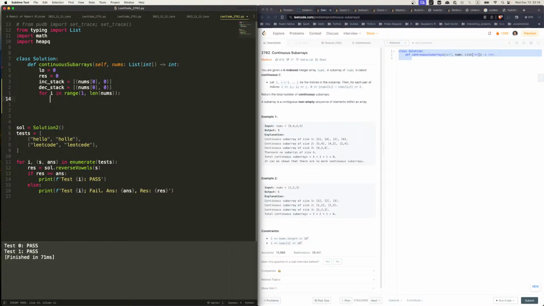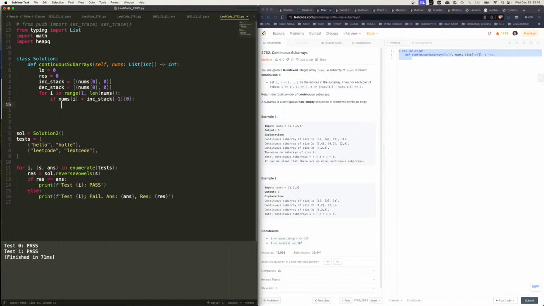So yep. So it depends, right? So it depends on whether it's too big or too small, right? Whether it's too big or too small. So the value, if the value, we can just say if nums I, right, is larger than increasing stack minus 1, 0, right?